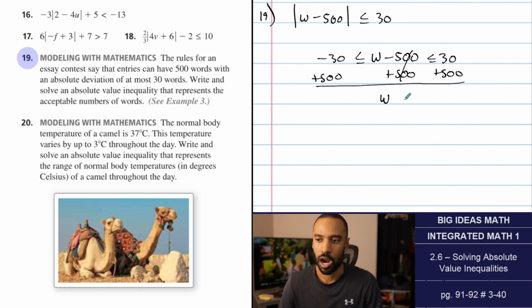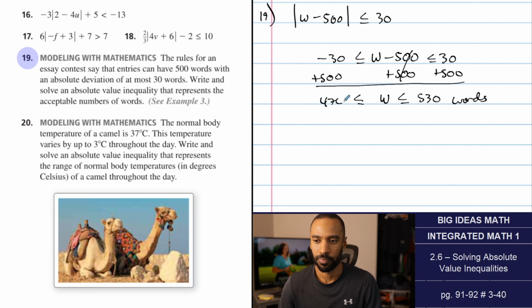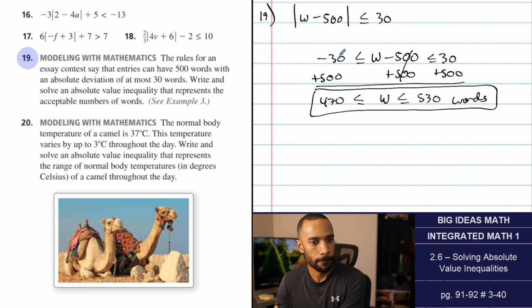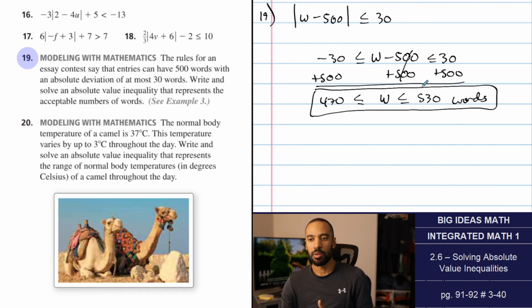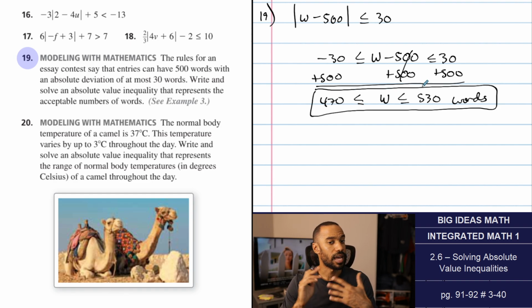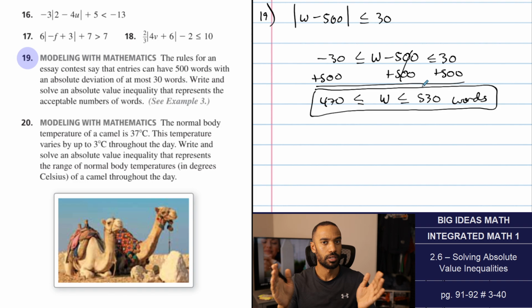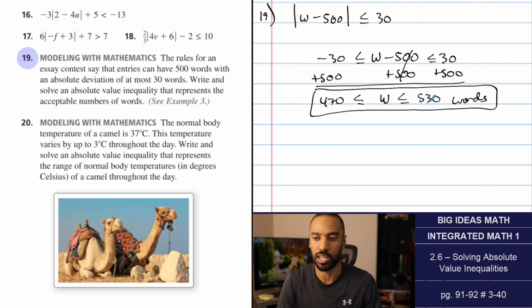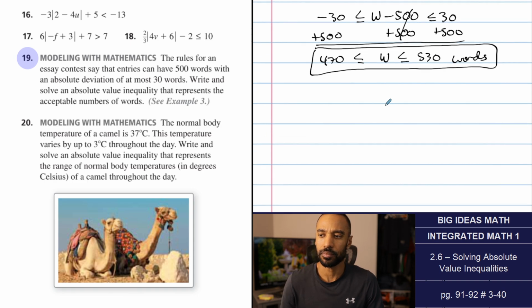That's what we're doing. Our amount of words can be between 500 plus 30 words and 500 minus 30 words. So that's what I was saying. There's probably an easier way to get to that scenario for yourself. Do we have to graph it? No. We can be between 470 and 530 words. That deviation of 30 says plus or minus 30 words from 500. 470 to 530. But as an inequality, like that.